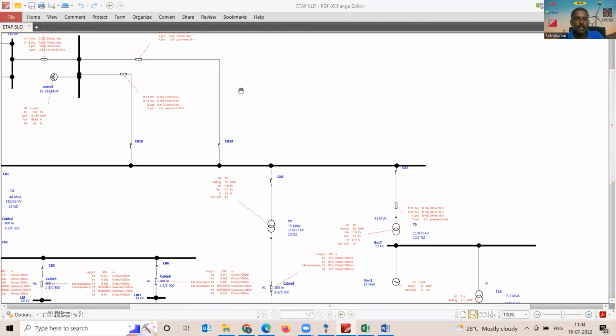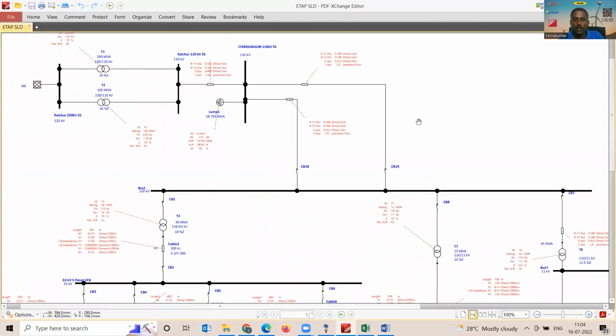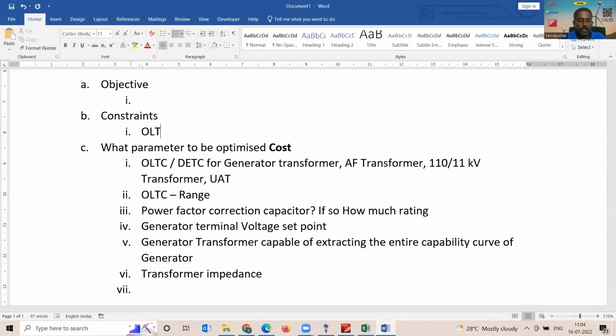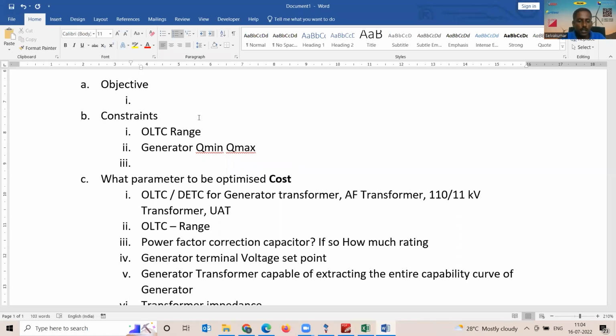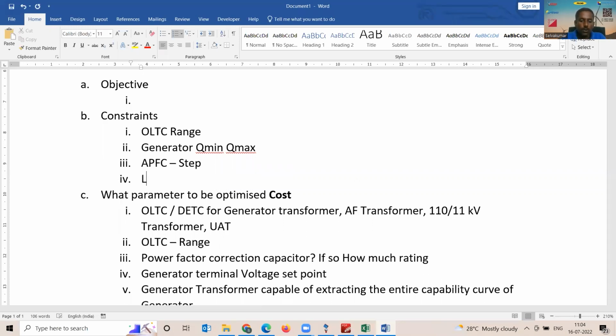All right, let's go a bit more and ask, what are the constraints? OLTC range could be a constraint. Generator Qmin, Qmax could be a constraint. Even if you have an automatic power factor correction capacitor at low voltage systems, that step could be a constraint. Load which is fluctuating could be a constraint.